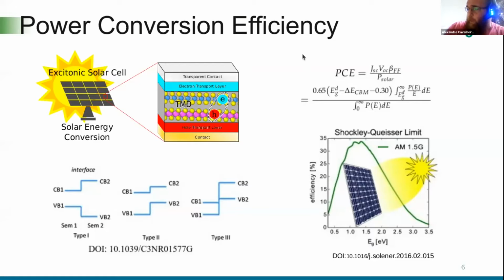The power conversion efficiency is calculated with the Shockley-Queisser limit, where we assume that all photons in the solar cell are absorbed. So we don't worry about the case where I put in the light and it absorbs only 20% of it.